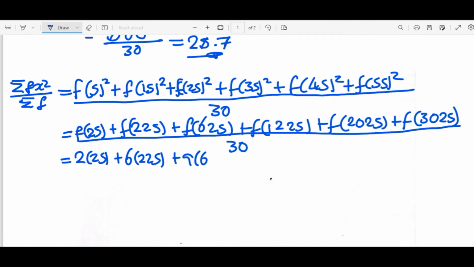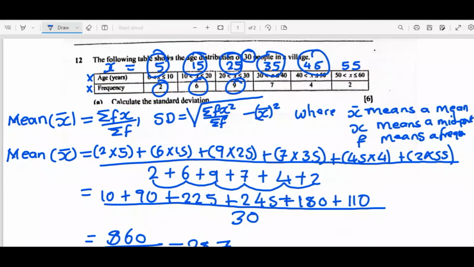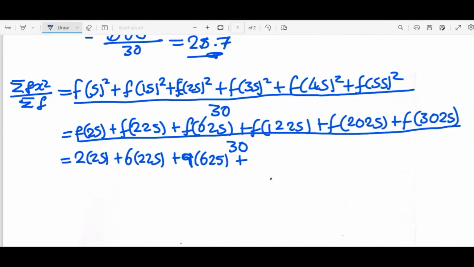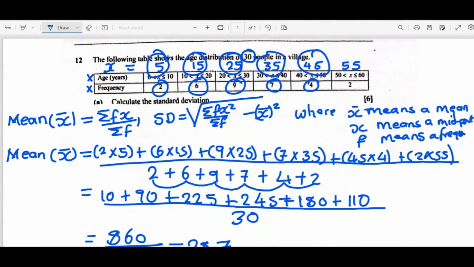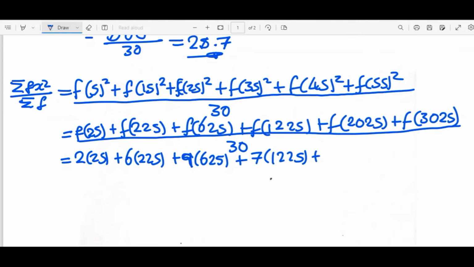So 9 times 625 plus after 9 we have 7. 7 times 1225 plus after 7 we have 4. Then the last one is 2. 4 times 2025 plus 2 times 3025 divided by 30.